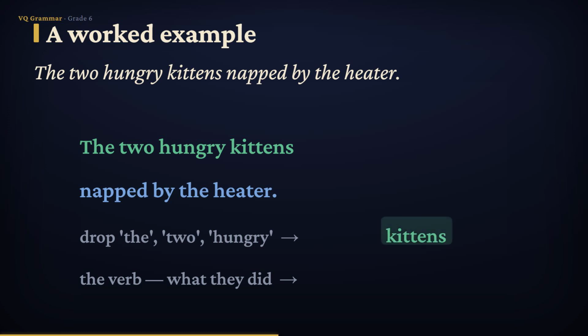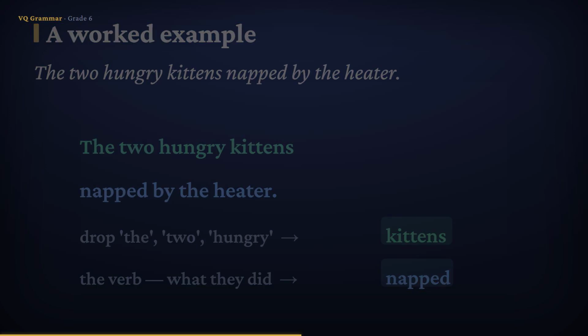And you're left with kittens, the one main noun. That's the simple subject. Now the predicate. What did the kittens do? They napped. Napped is the verb, so it's the simple predicate. Simple subject, kittens. Simple predicate, napped.